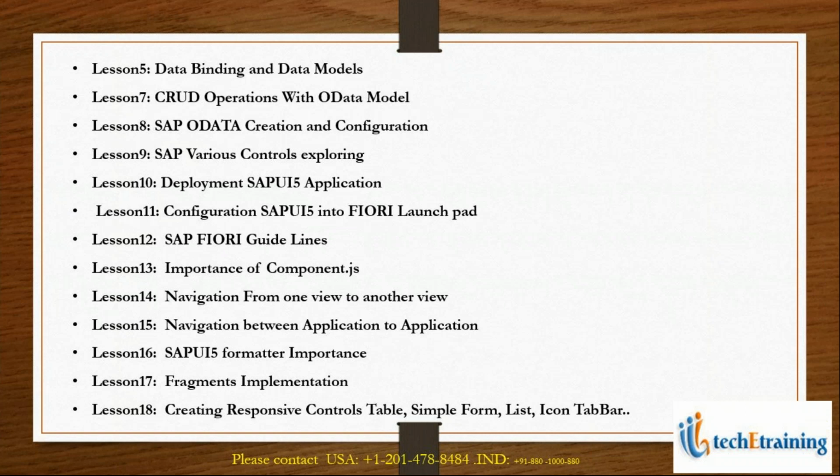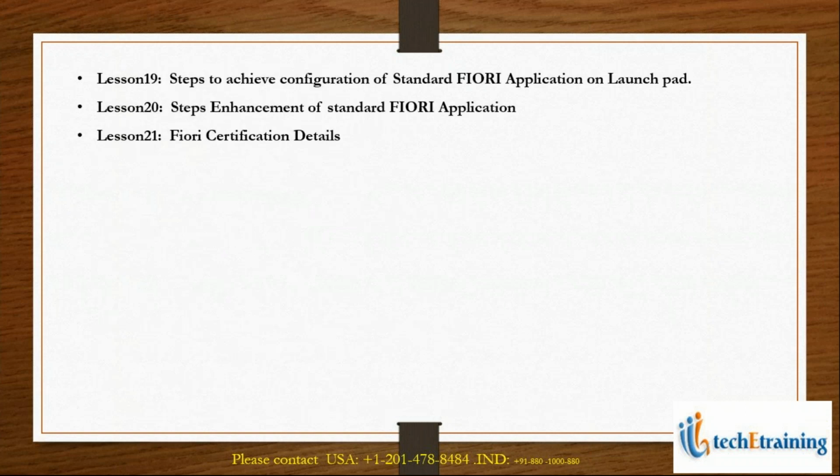These are lessons 5 to 18 that I've communicated. And lesson 19 is where we will start with the standard applications. Here we will communicate about the steps to achieve the configuration of the standard Fiori applications.